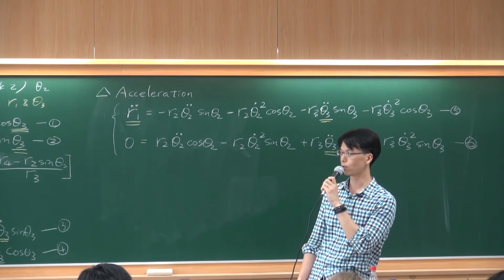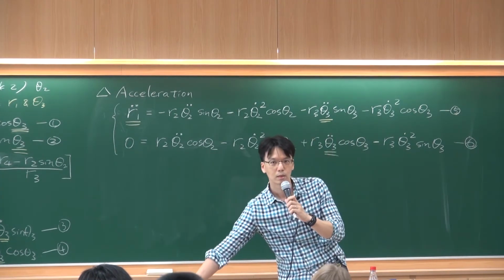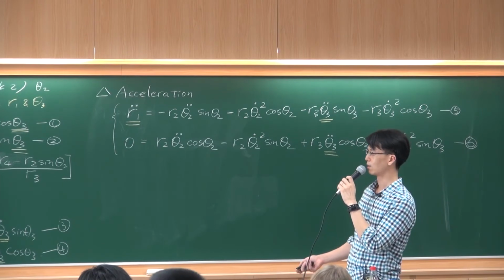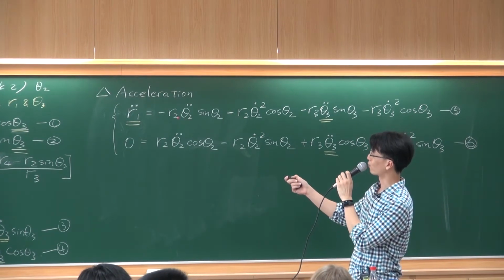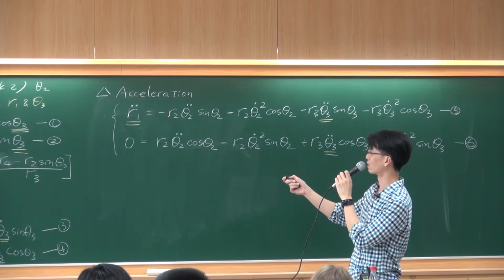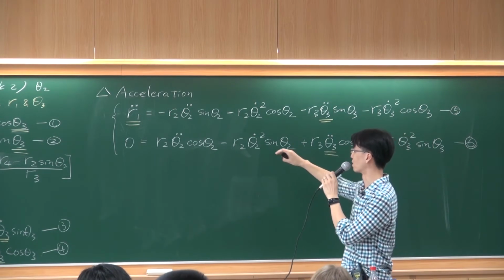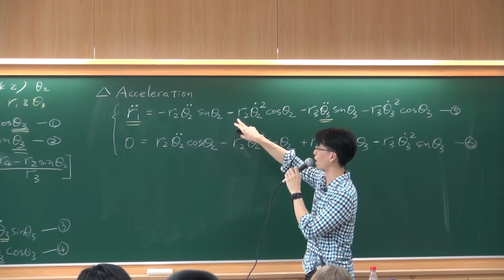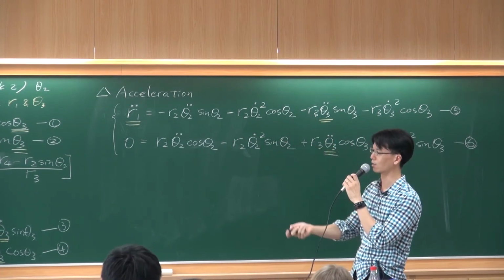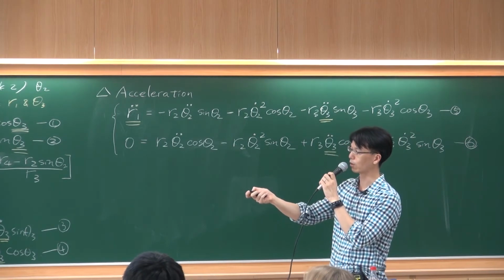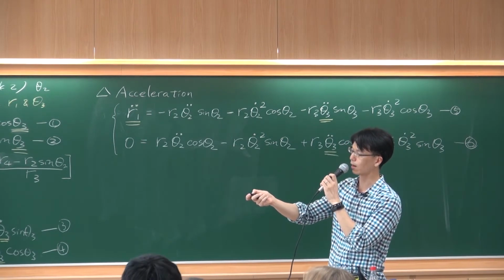Any questions so far? Because for this case, R2 and R3 are constant, so we won't have Coriolis and sliding terms.